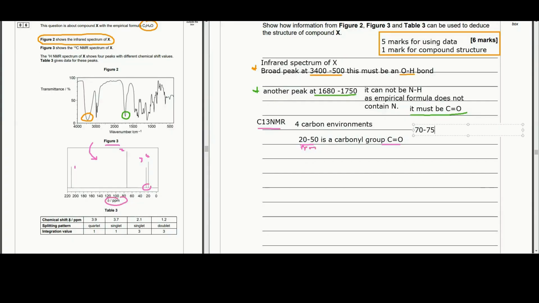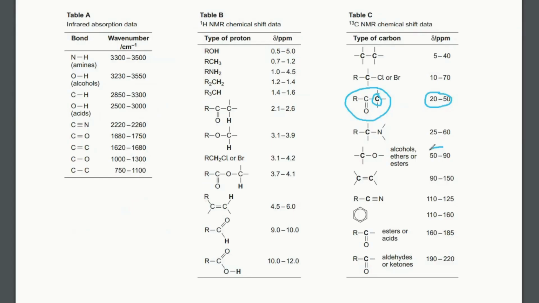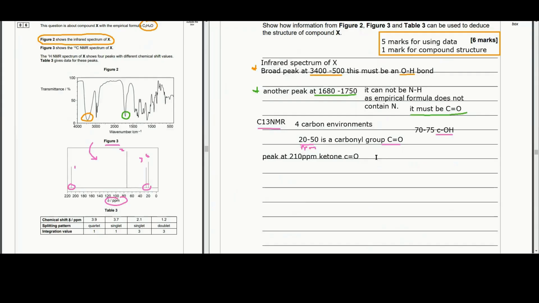And again at figure 3, we'll see one of the other peaks is between 70 and 75 as a chemical shift. And what we'll find when we go to the AQA chemistry insert is that between 50 and 90, so that covers the 70 to 75, there is a C-O bond that will be an alcohol or an ether or an ester. And here it's going to be an alcohol. We've got a C-O, and remember we had an O-H from the infrared spectroscopy.